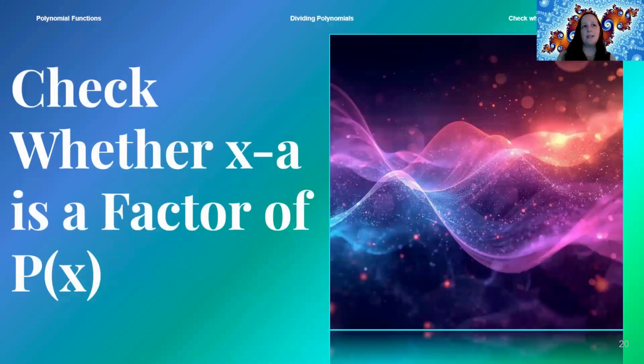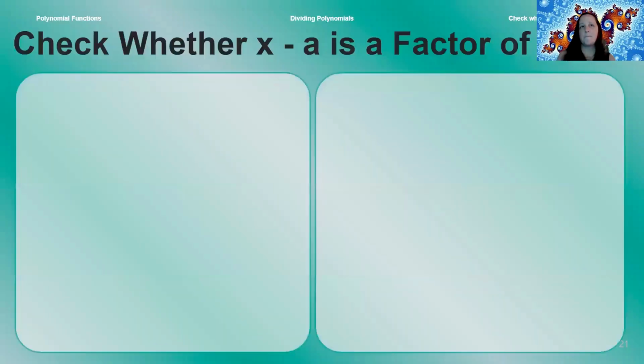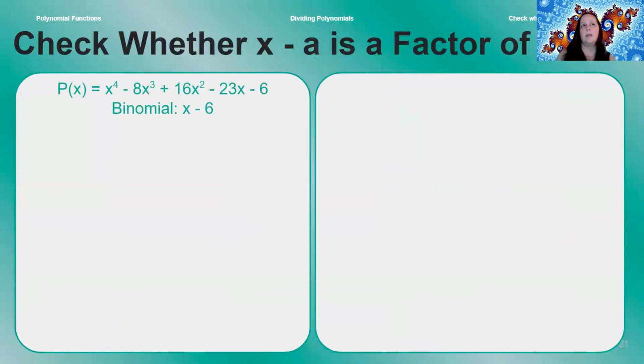Check whether x minus a is a factor of p of x. So I'm going to start with x to the fourth minus 8x cubed plus 16x squared minus 23x minus 6. My binomial is x minus 6. That's what I'm dividing by. It's my divisor. I find my 0, so x minus 6 equals 0, so x equals 6.